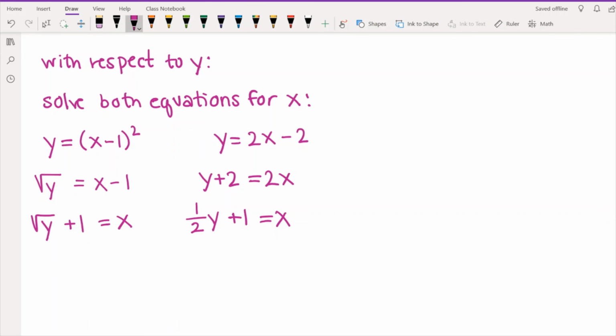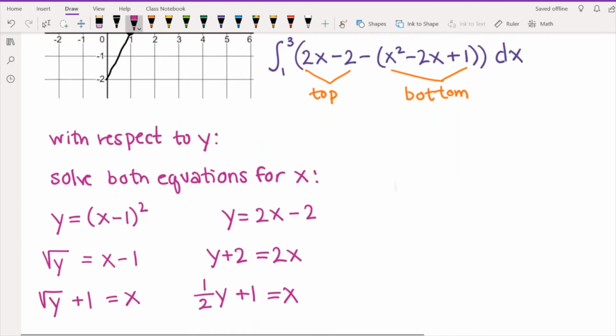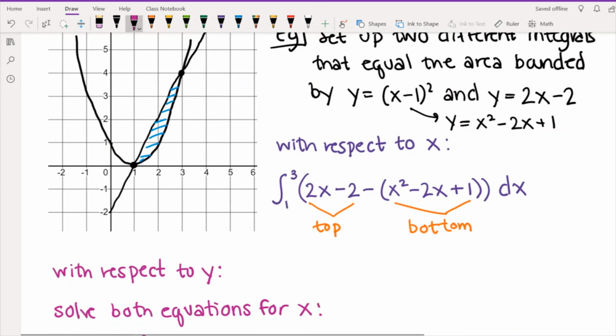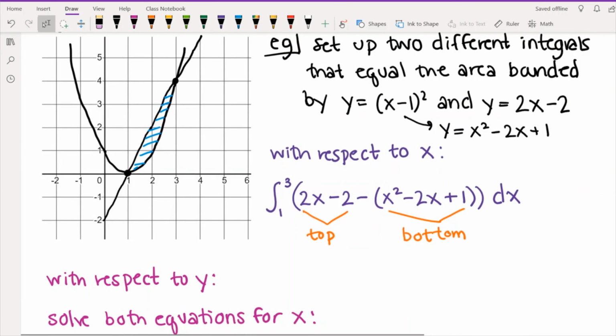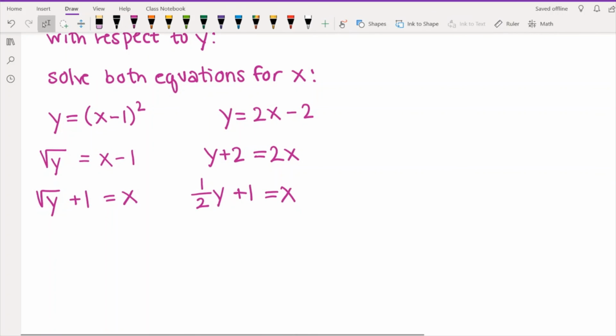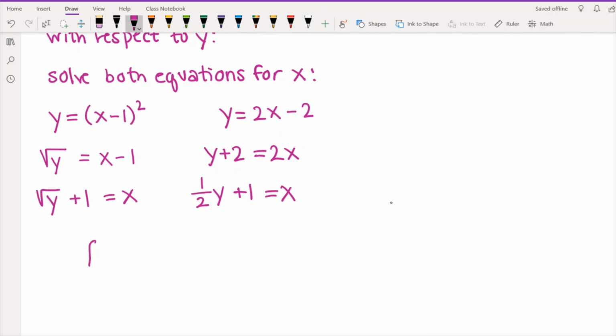So now when we go and integrate this, we're going to be doing the function on the right. So that's the one that is now written as a square root minus the one on the left. And we're going to be using our bottom value of our bound as the y value on the smaller y value, which is 0. And then the higher y value is 4. And so our integral would look like the integral from 0 to 4.